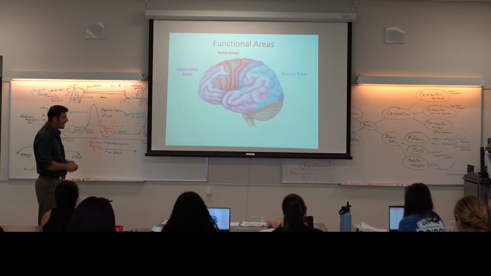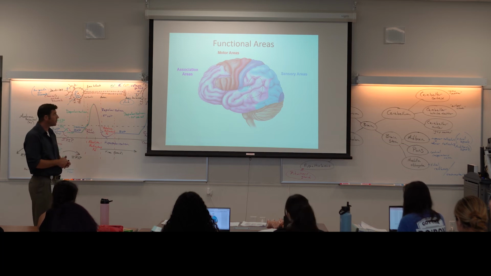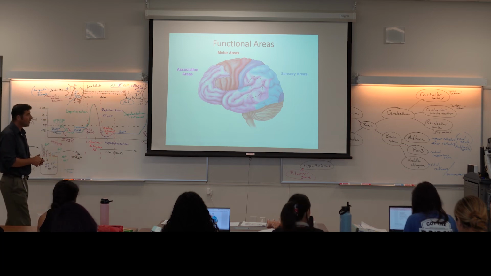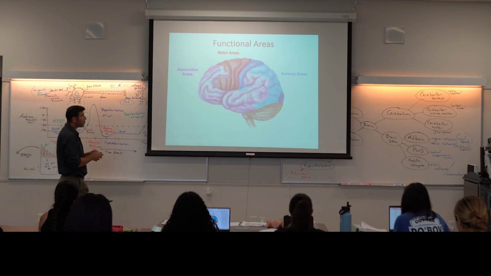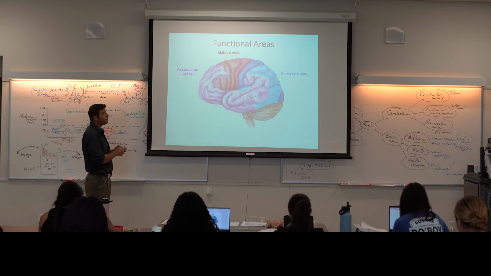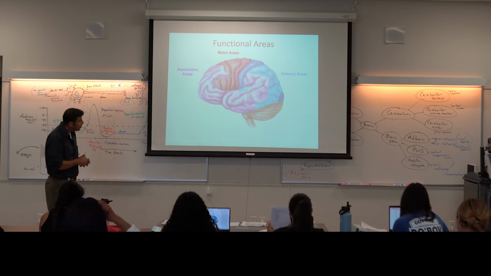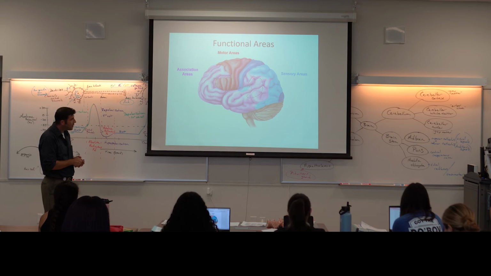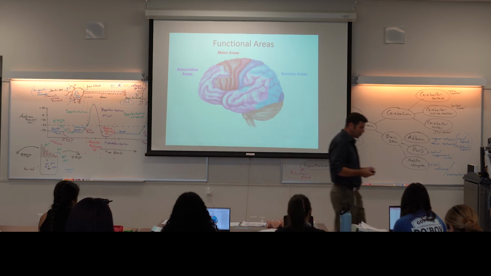And then all the pink areas here represent those integration neurons, or what are sometimes called association neurons. Association and integration, you can consider the same thing. These are neurons that do information processing. And you'll notice there's a couple of dotted lines that have been mapped out. These are areas of the brain that function in language.